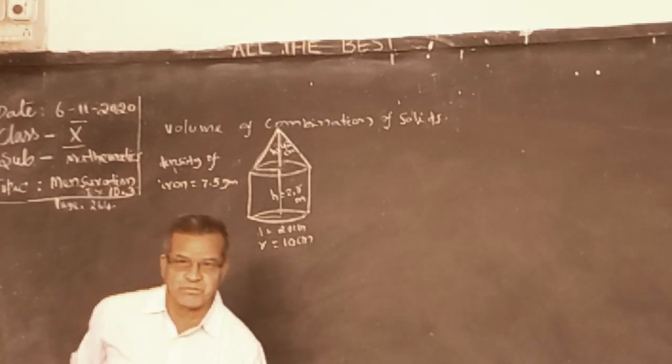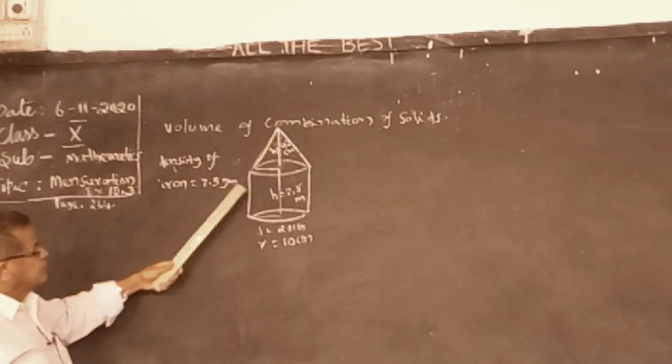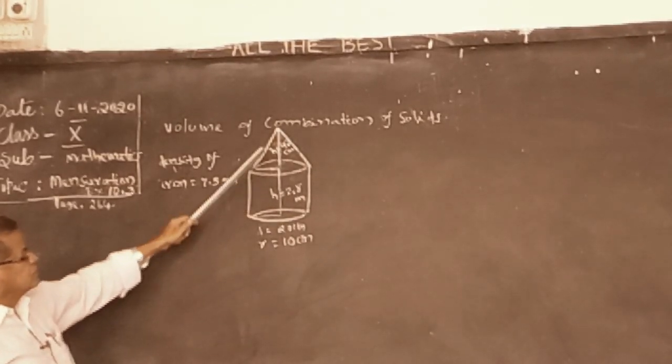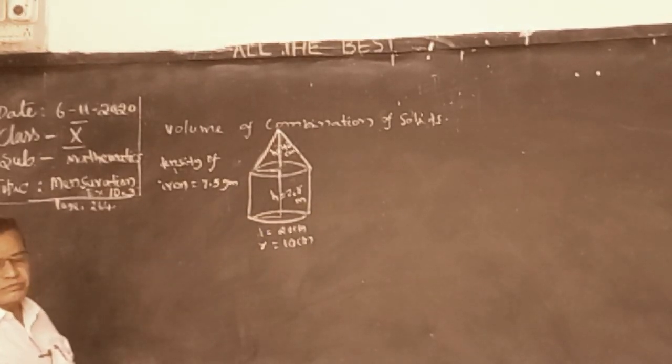Now this pillar is a combination of two solids, cylinder and cone.